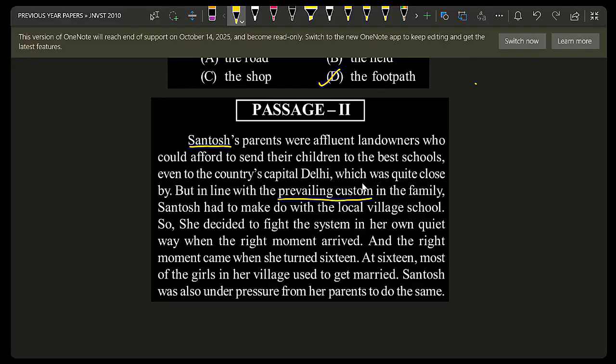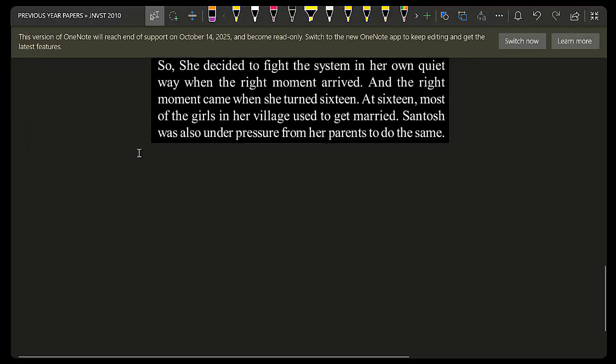So Santosh's parents are also asking her to get married because she's already 16. So this much is the passage, and let us try to answer the questions. Nothing about her story is given, only this much: about their studies, about their affordability to send Santosh to Delhi, and at which age they get married in their village.